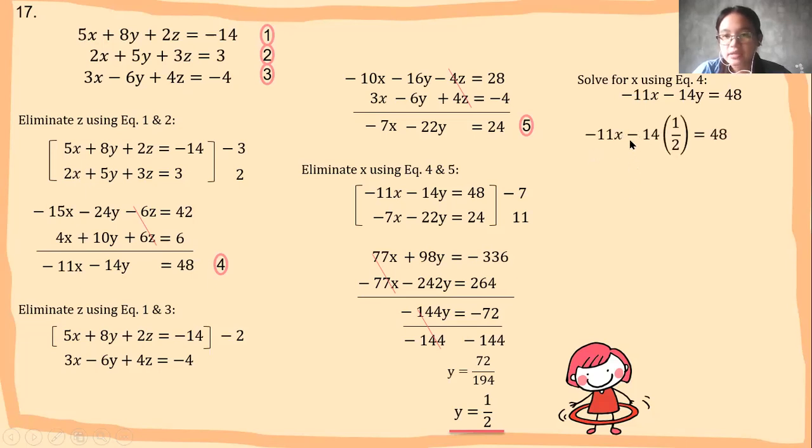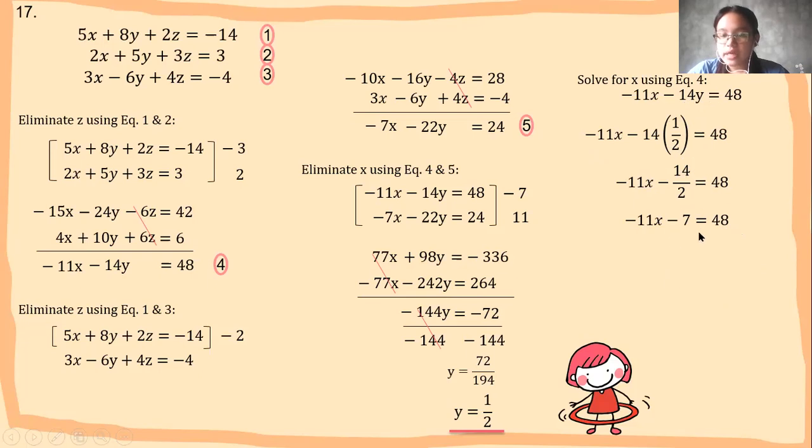Negative 11x minus 14 times 1/2 instead of y is equal to 48. So negative 11x minus 14 times 1, we have 14 halves is equal to 48. Then negative 11x minus 7, because 14 divided by 2 is equal to 7, is equal to 48.